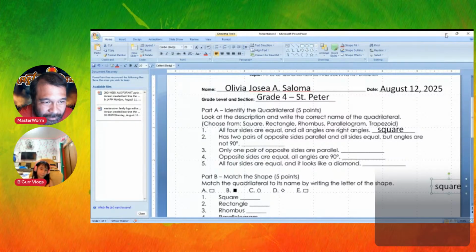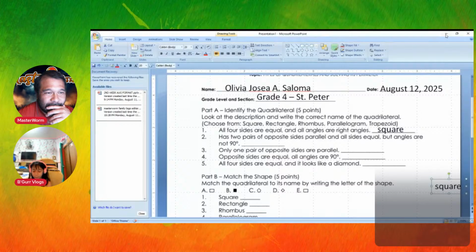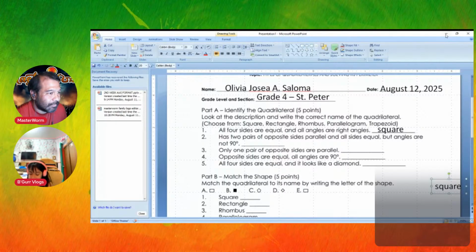I cannot find it here. Oh, you still have a homework and an exam in math and Filipino tomorrow. It's going to be hard. Okay, let me open your school. You have homeworks. Man, you have a lot of homework.